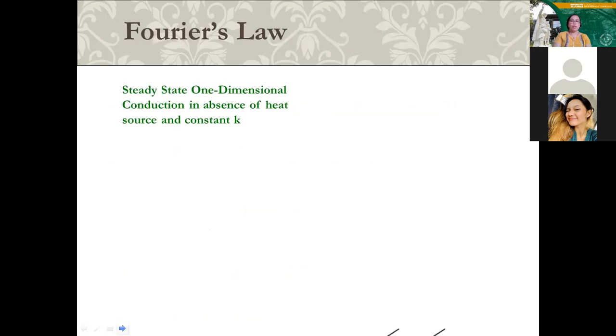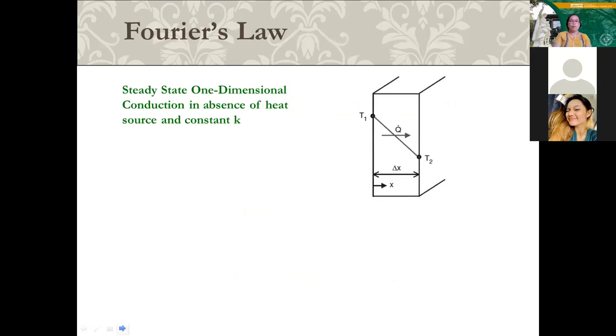We will continue. Now, in the case of one-dimensional conduction in the absence of a heat source, meaning we're not heating this particular slab that we have, there's no heating on both sides of the slab, and your thermal conductivity K is of course a constant, then this is our direction of heat flow, from T1 to T2, from the portion of higher temperature to a portion of lower temperature.